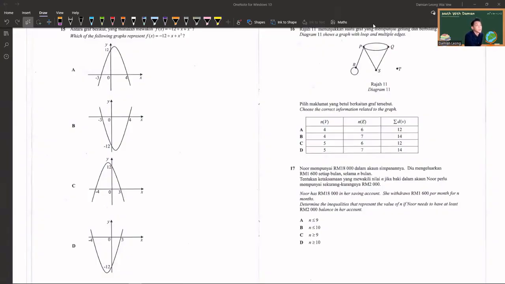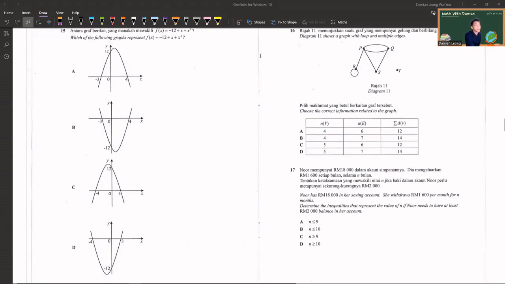Okay. Soalan 15, antara graf berikut yang manakah mewakili f(x) sama dengan negatif 12 tambah x kuasa dua. So ini fungsi kuadratik. Okay, ini merupakan fungsi kuadratik.